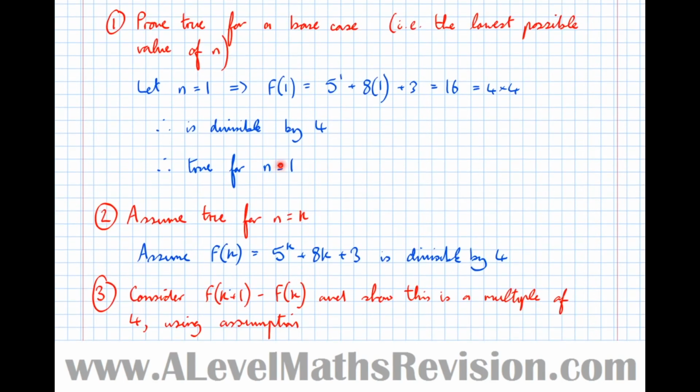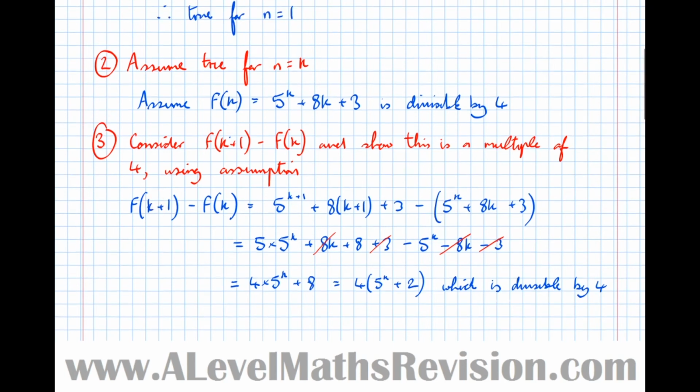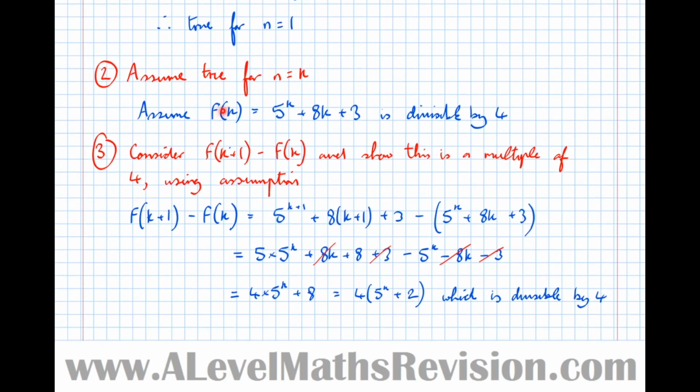Well, here, if it's true for the first case, this step here says that's true for the next one as well, for n equals 2. Now we know it's true for n equals 2, it must be true for the next one, n equals 3. Now that's true for n equals 3, it must be true for n equals 4. So we've proved if there's any one particular case we can prove it's true for, i.e. f of k here, then it must be true for the next one by what we've done here.